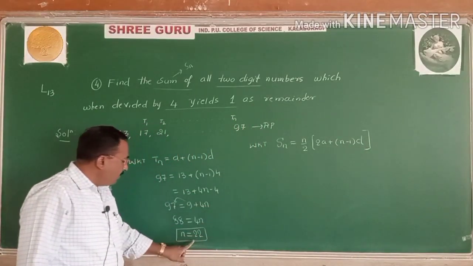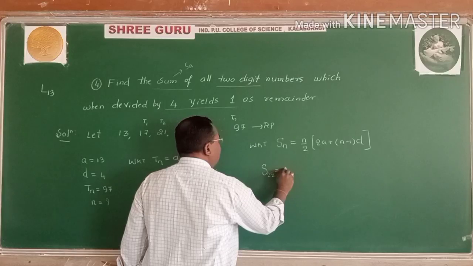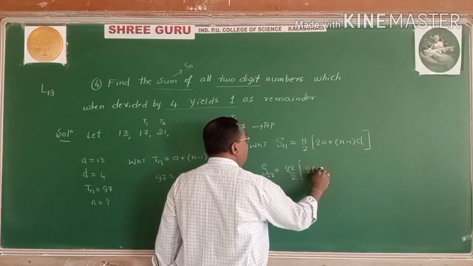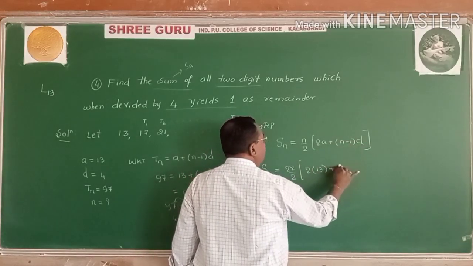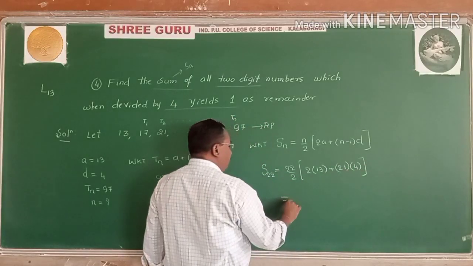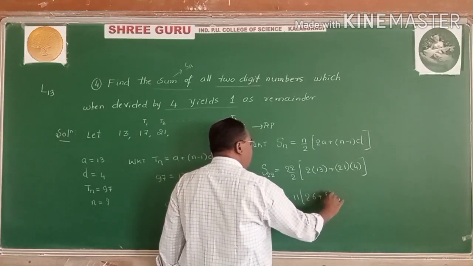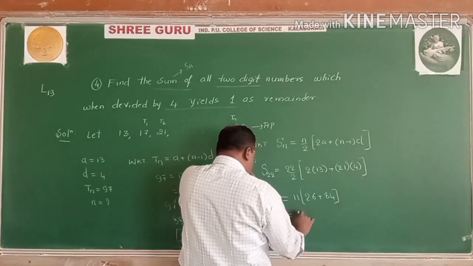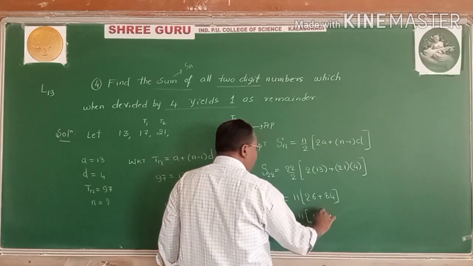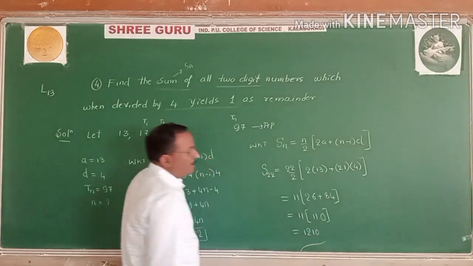Number of terms n is 22. So 22 divided by 2, into 2 into 13 plus 22 minus 1, that is 21, into difference 4, is equal to 11. Here 26 plus 84 is equal to 11 into 110, which is 1210. That is the answer.